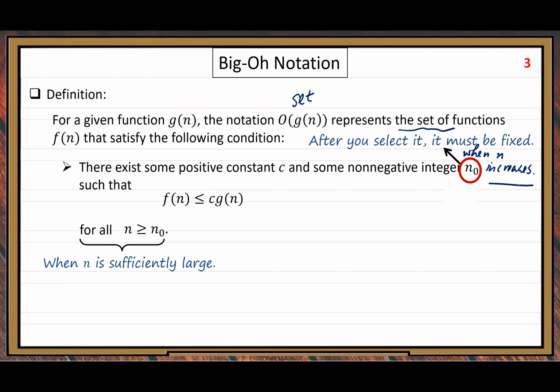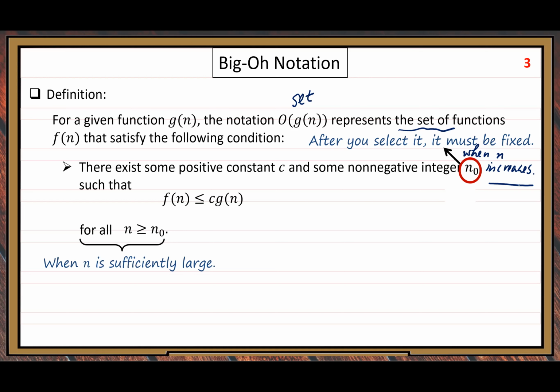And usually people use another way to represent this n greater or equal to some special n0 constant value. People say in this way, where n is sufficiently large. That's another description for this n0 related condition. In this expression, n0 does not appear.